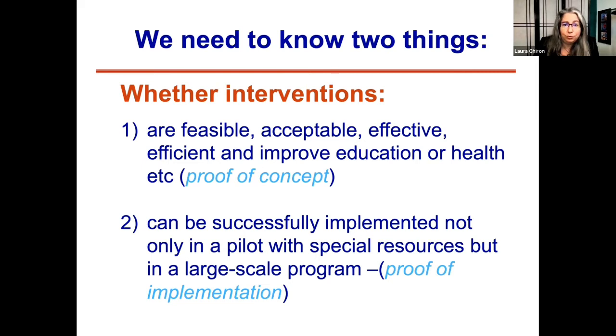We also want to know if they can be successfully implemented not only in pilot projects with special resources, but in the large scale program. In other words, in the organizations, or we call that the user organization, that's intended to adopt and implement this on a large scale. We really want to understand the proof of implementation. We want to understand, how does it work without all of those special resources?